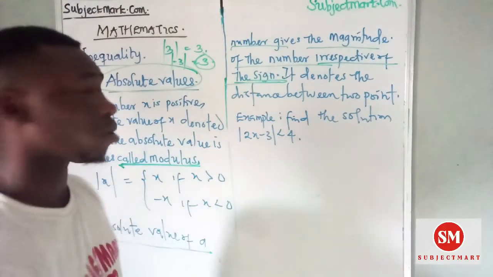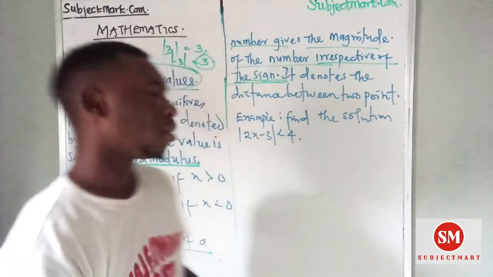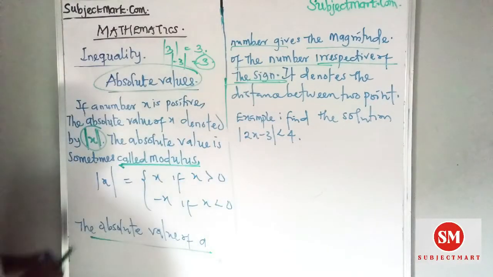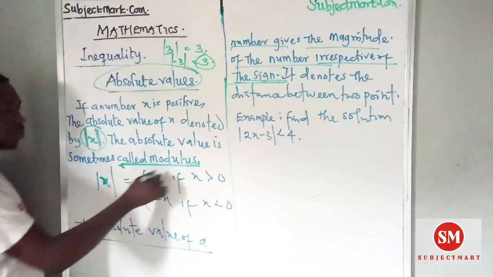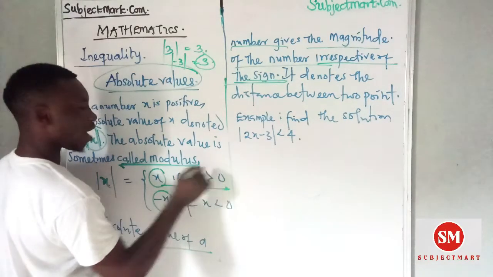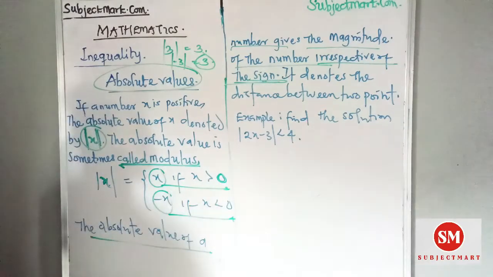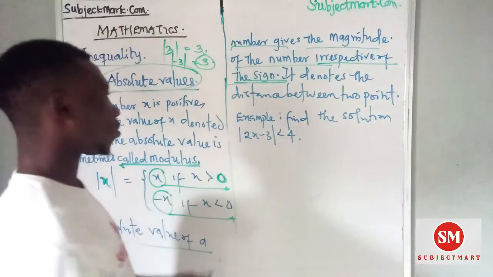Now let's take a question to back this up. Before I proceed, your absolute value has 2 sides. It has the positive side and the negative side. The positive side is such that x is greater than 0, while the negative side is such that x is less than 0. Now look at this question.